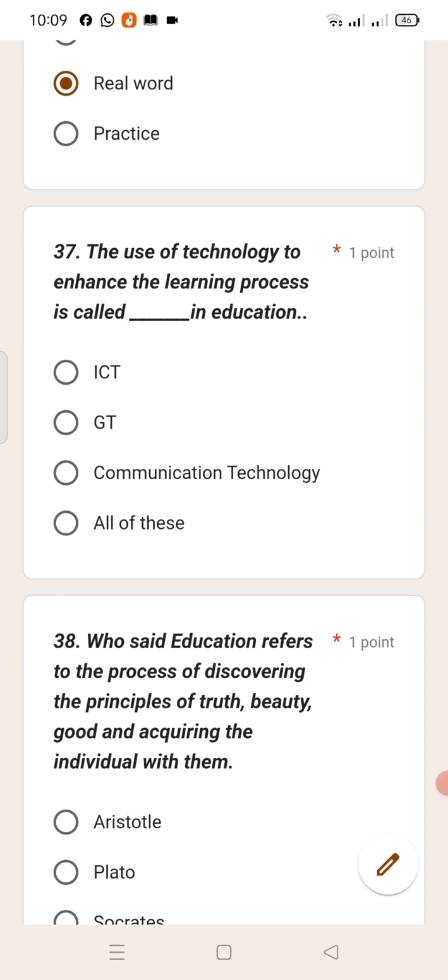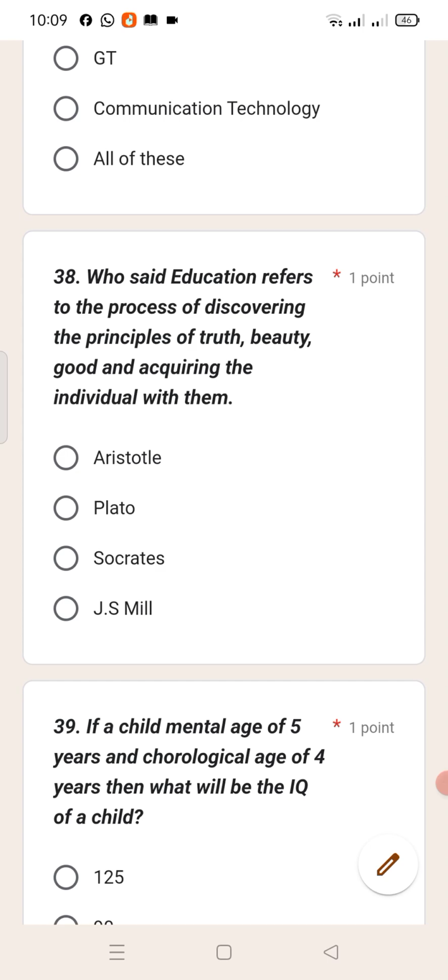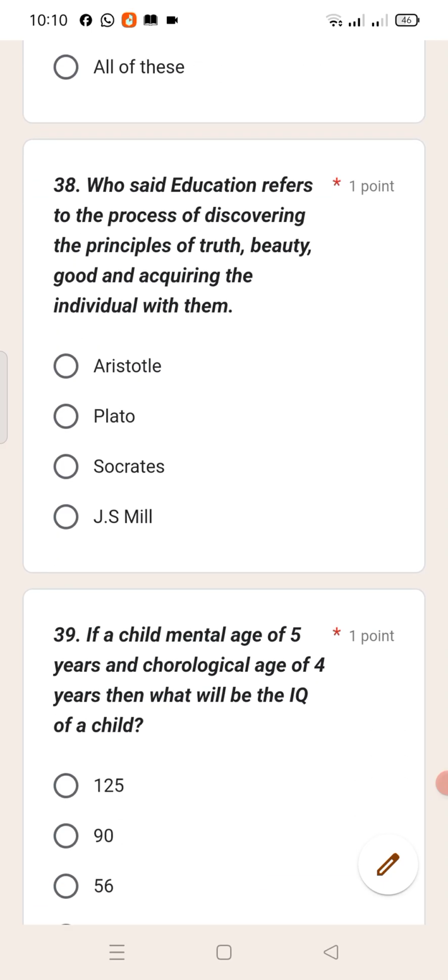The use of technology to enhance the learning process is called in ICT. Who said education refers to the process of discovering the principles of truth, beauty, good and inquiring the individual with them. तो इसमें मेरे ख्याल में अच्छा ये अरिस्टोटल ही को क्लिक करता हूँ.